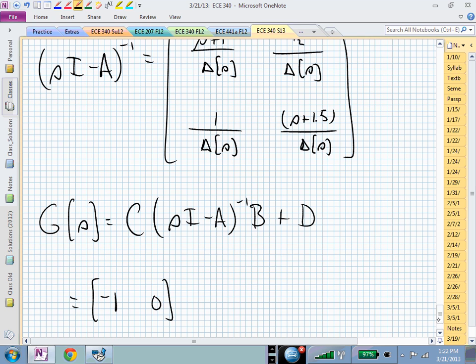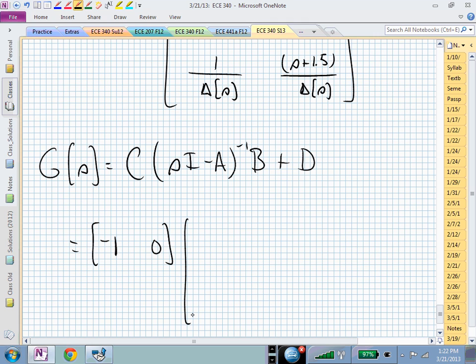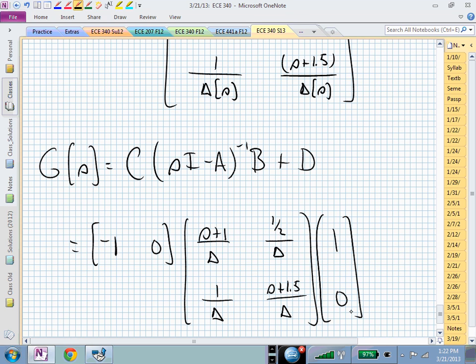Our SI minus A inverse matrix, now we just have, is S plus 1 over delta. This is 1 over delta. This was 1/2 over delta, and this is S plus 1.5 over delta. That's times B, which is 1, 0. Plus the D, which is 1.